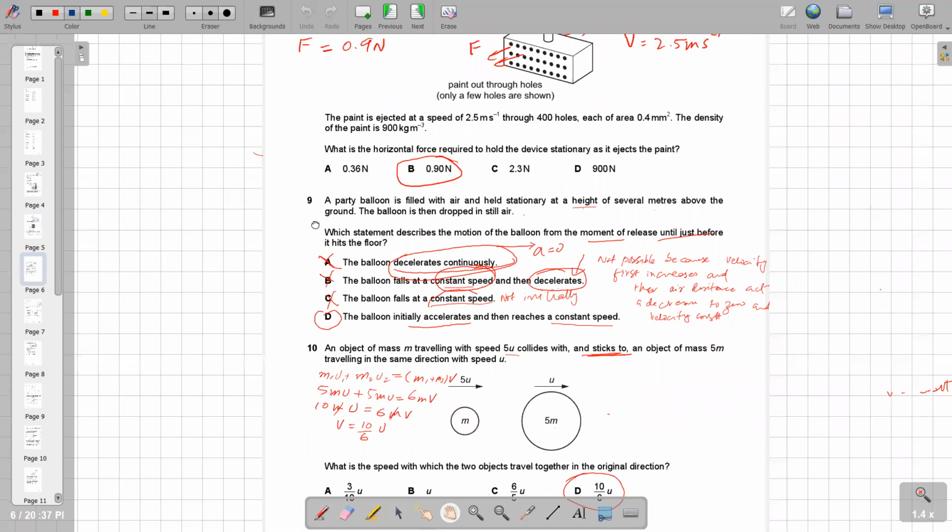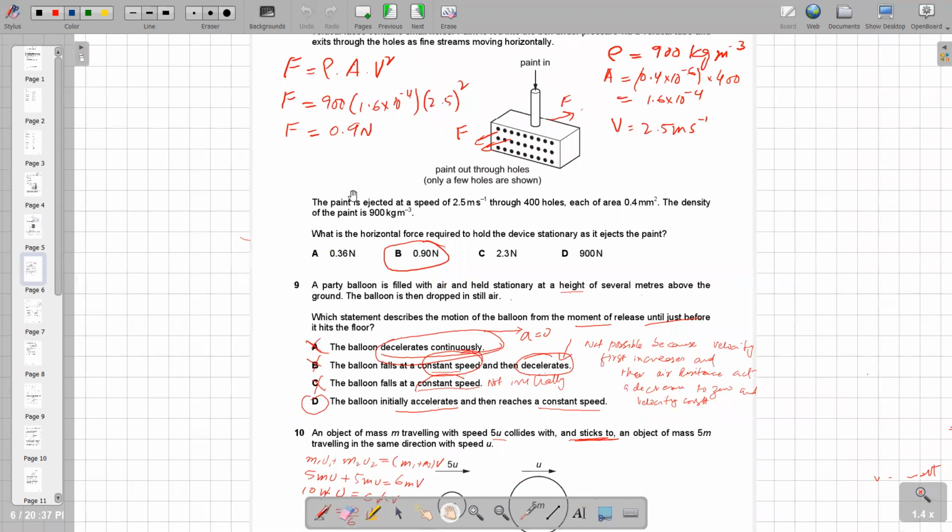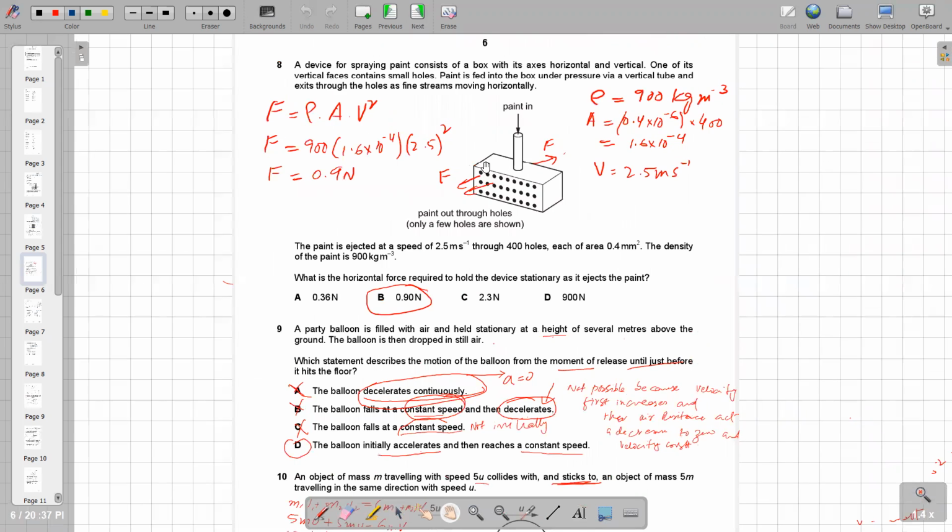In a separate video I have explained how we derive this formula: F is equal to density into A into the velocity squared. The question says there are 400 holes in the box having colors.